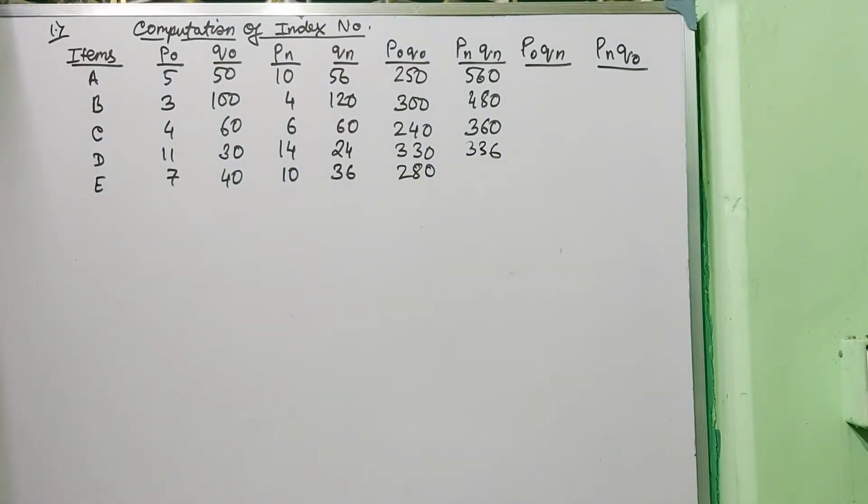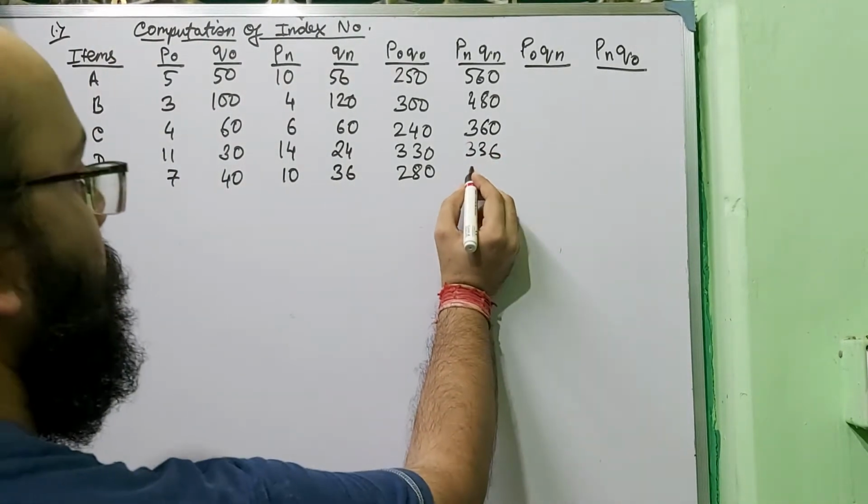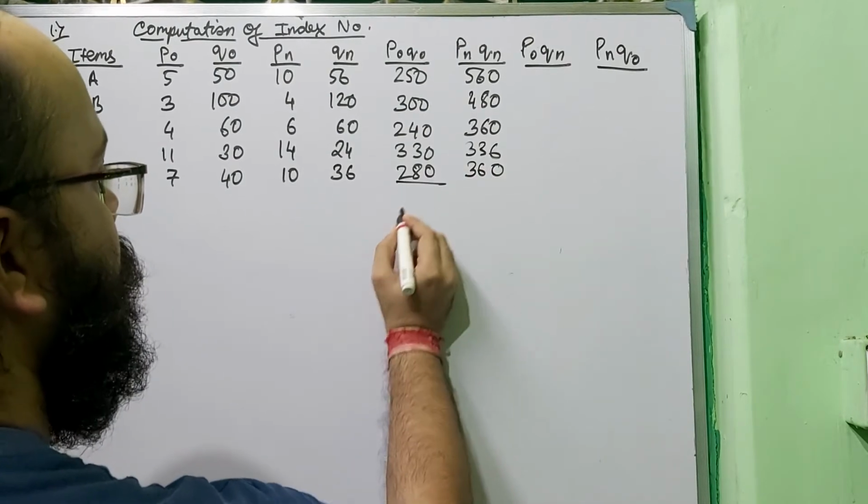And 10 into 36 means 360. Always calculate the total also.